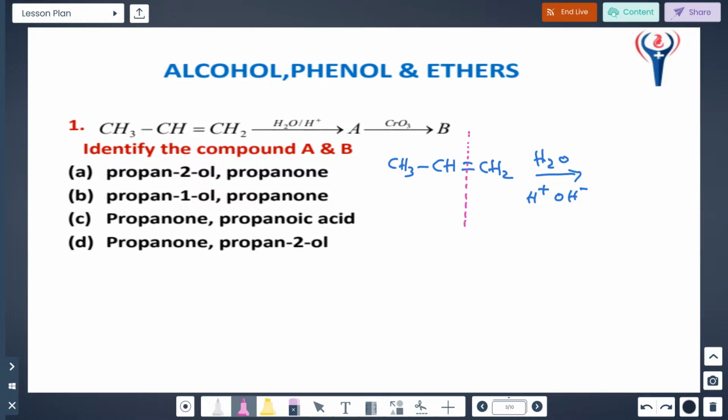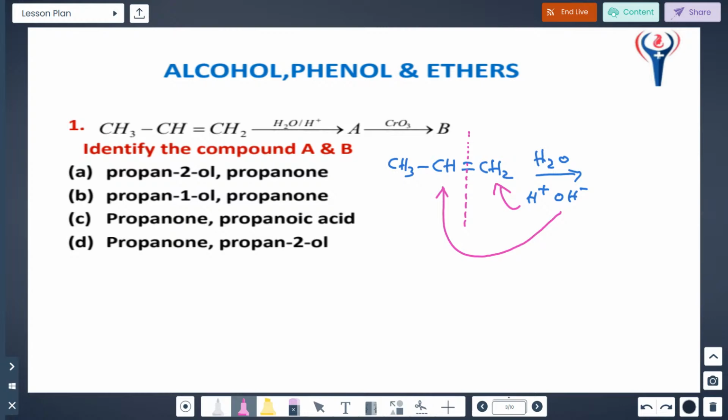This carbon has 1 hydrogen, this carbon has 2 hydrogen. So the negative part goes to the carbon which carries less number of hydrogen. Automatically the positive part goes to the other side. So it is added based on the Markovnikov rule.